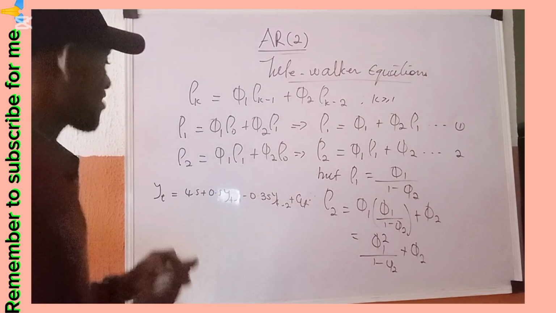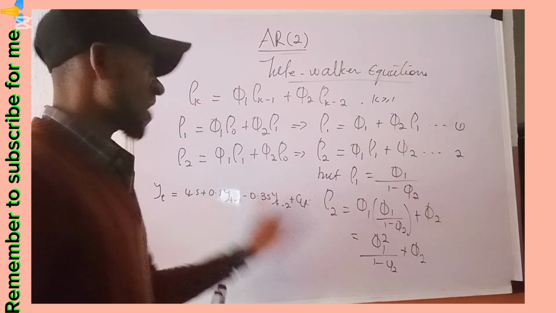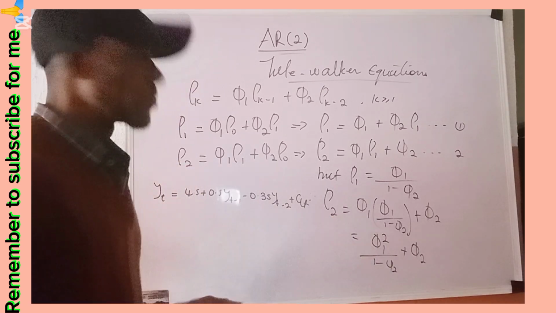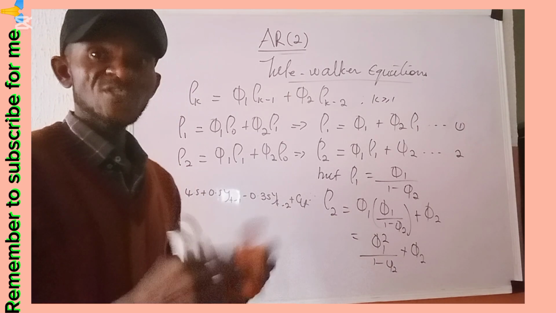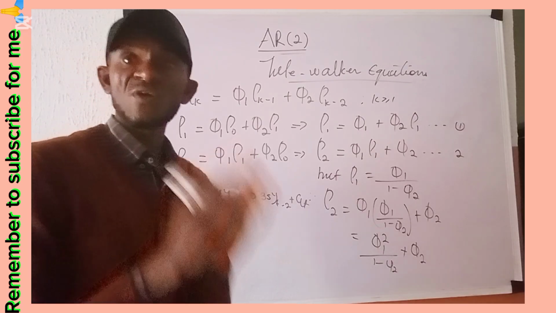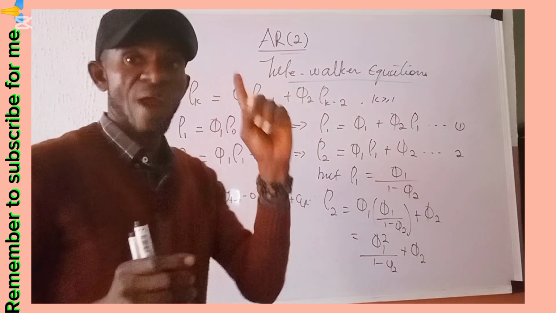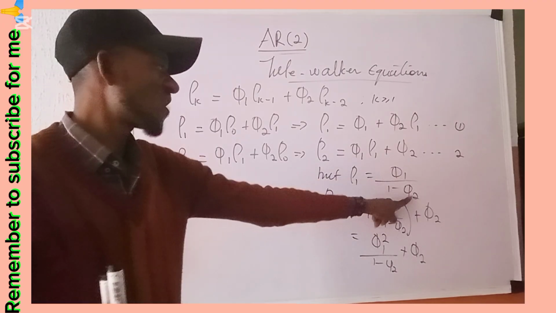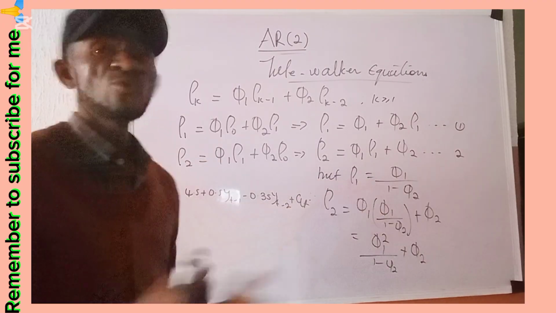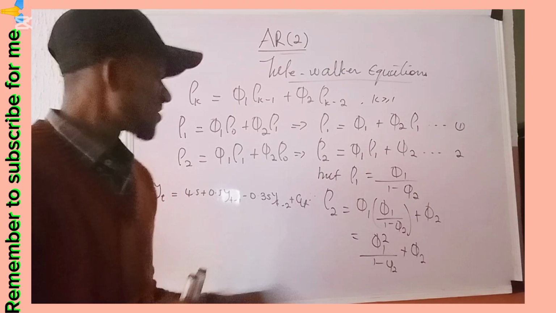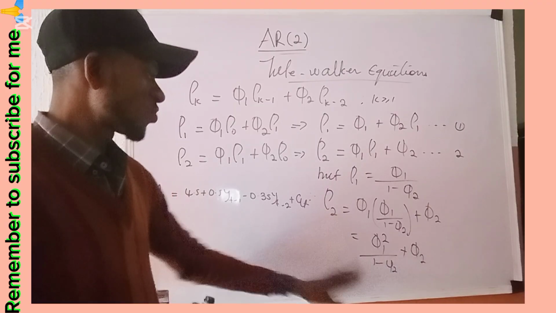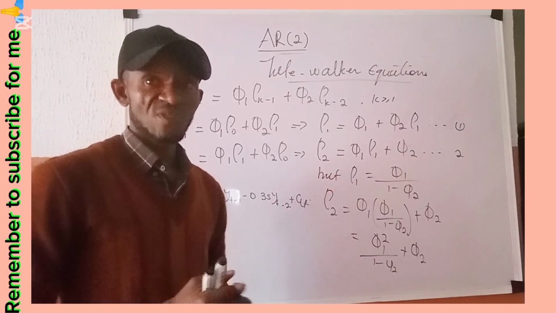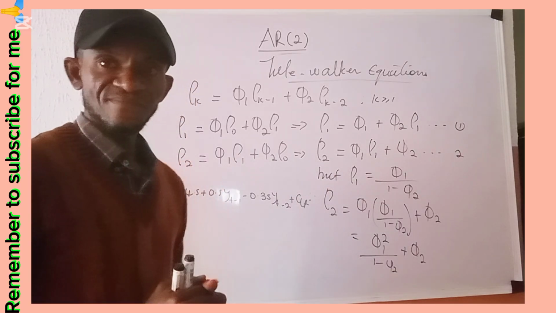And the person begins to ask you to use this expression and get rho 1, use it to get rho 2, use it to get rho 0. You just know that rho 0 is autocorrelation at lag 0, which is equal to 1. So if you come here, you know the value of your phi 1, you know the value of your phi 2, from this you'll be able to get the value of your rho 2, straightforward.